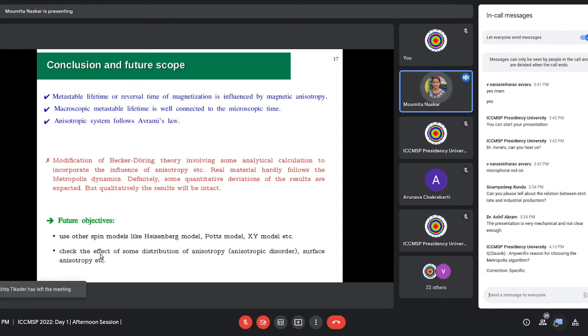And since we are studying magnetic anisotropy, we can advise that someone also can check some distribution of anisotropy or anisotropic disorder, or some kind of surface anisotropy, etc.